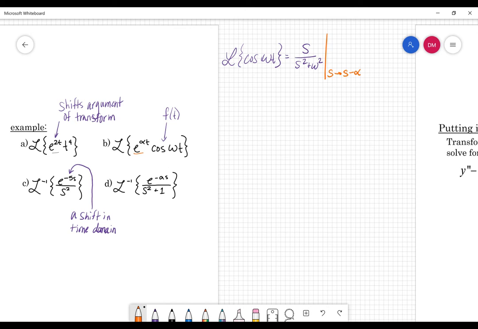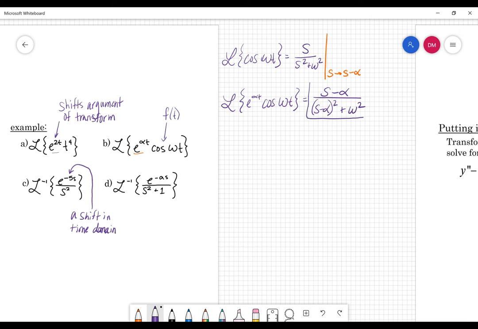So if we are performing this all together, the Laplace of e to the alpha t cosine omega t, then that means everywhere that we have an s, we shift it to an s minus alpha. So that's going to give us s minus alpha in the numerator, and s minus alpha quantity squared plus omega squared in our denominator.